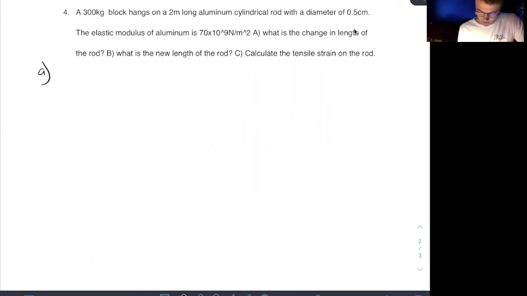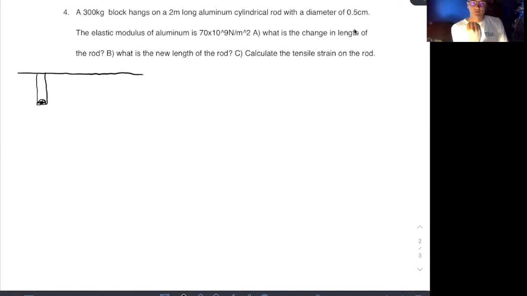Okay, before I do, let's draw this out. So we got a cylindrical rod. And then we add some 300 kilogram block to it, right? So we add some force to the end of it, and that stretches it.